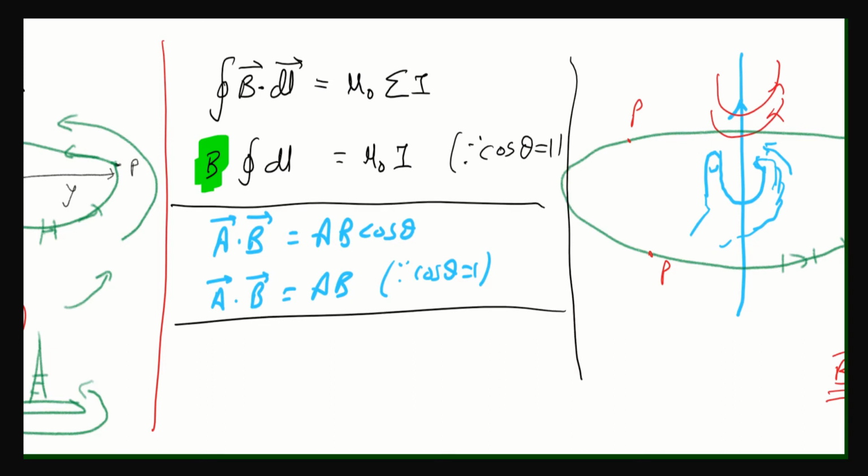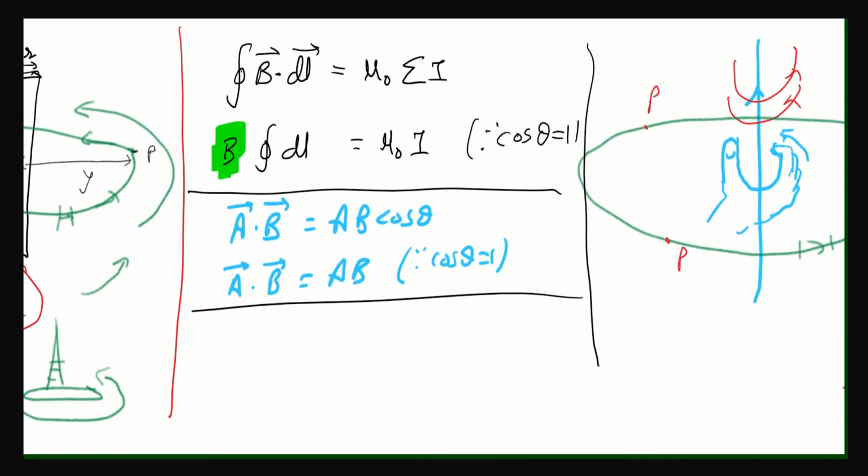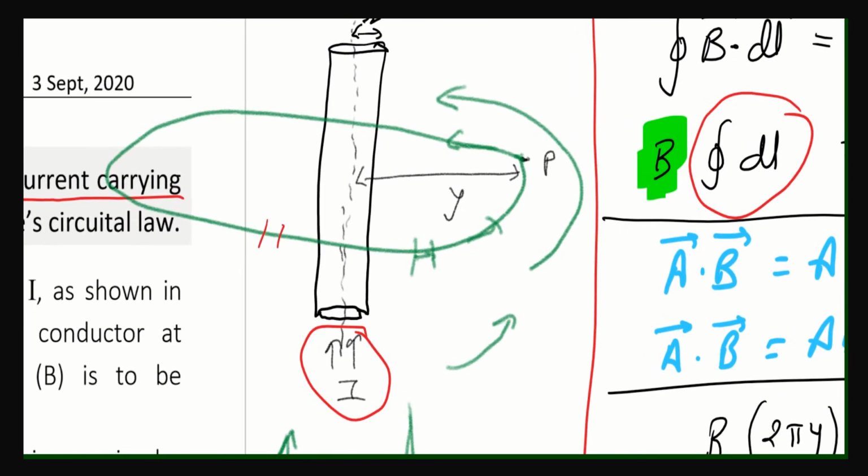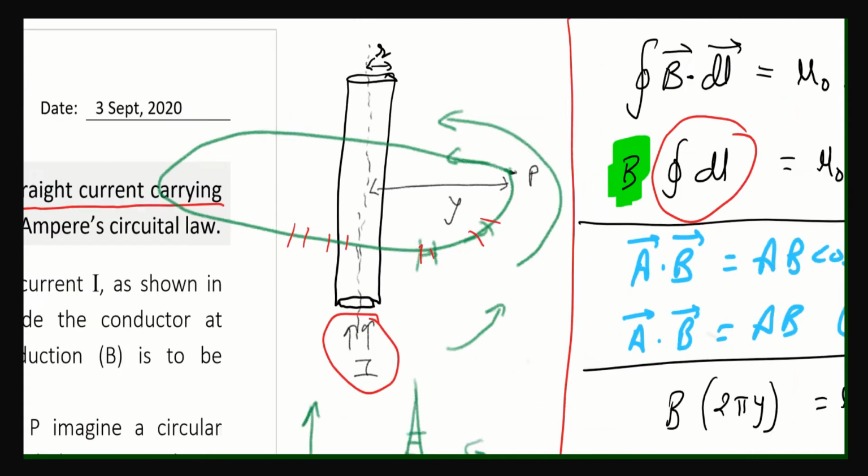Now, what is the integration part? Can I write this as 2 pi y is equal to mu 0 I? Because closed integration dl means what? You are summing up dl, dl over the circle, so ultimately you will get the circumference, isn't it?